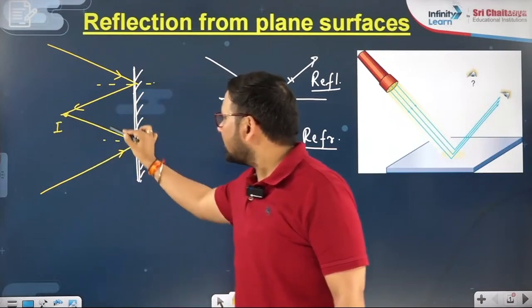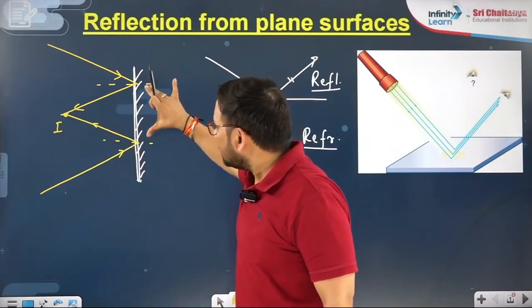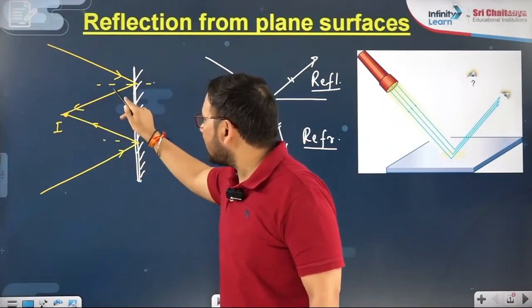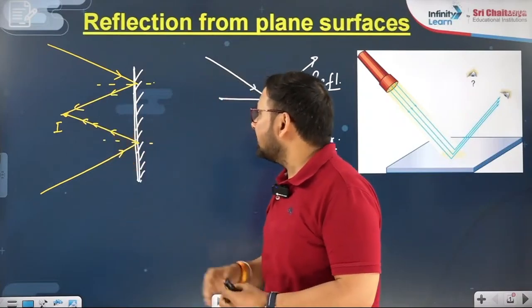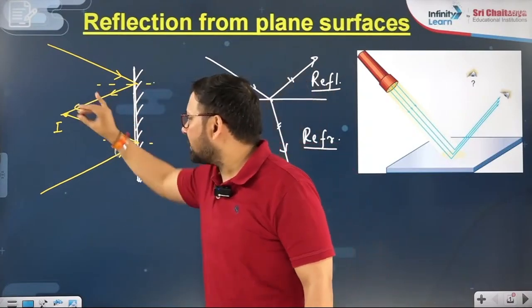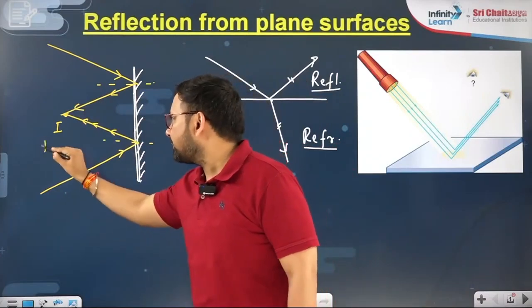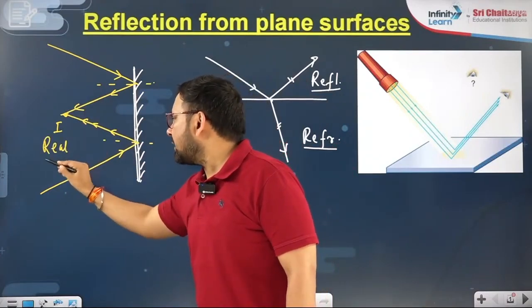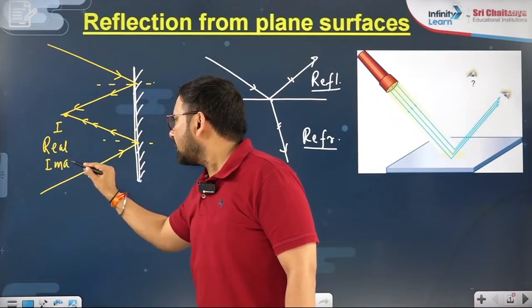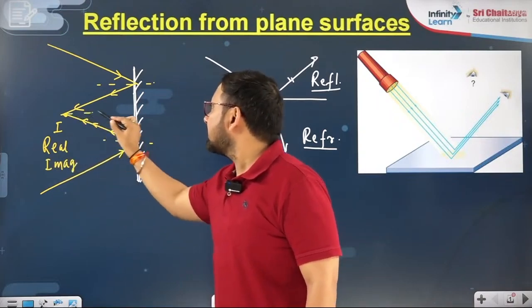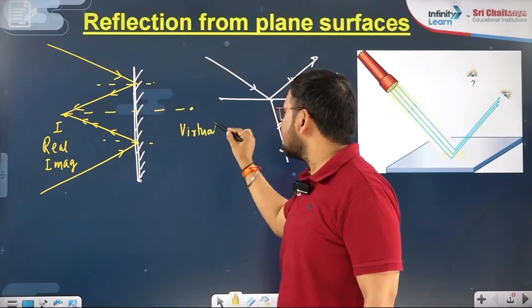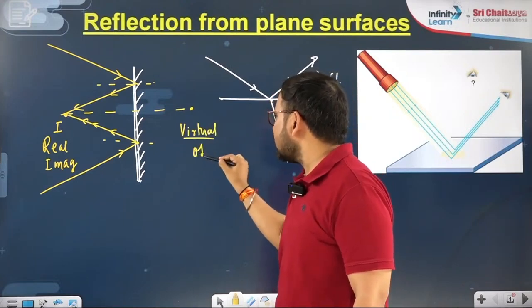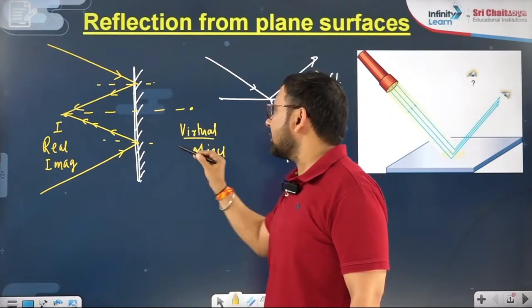Since they are actually meeting, the ray going away from the mirror is called the reflected ray, and they will form an image by actual coincidence, so that is called the real image. Moreover, if the image is real, then here you will have a virtual object. That is the case we discussed yesterday, virtual object and real image.